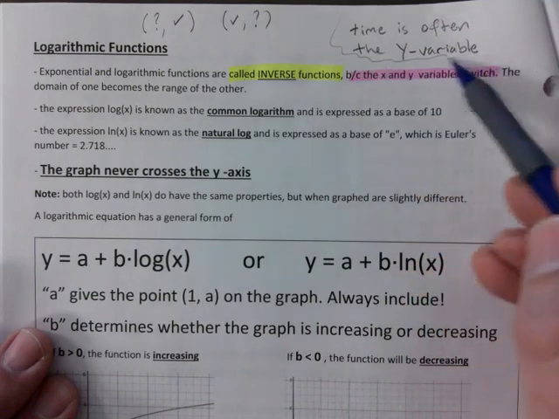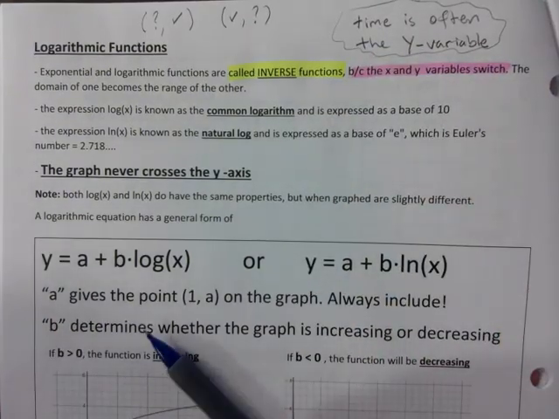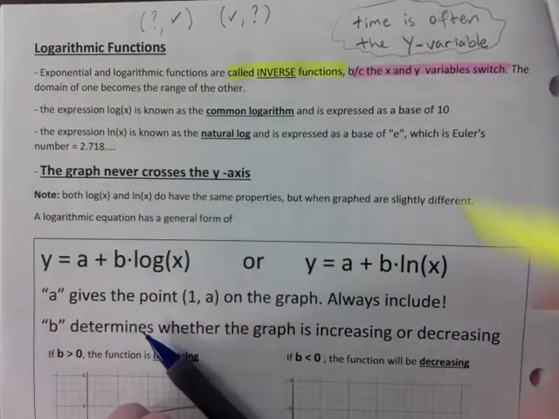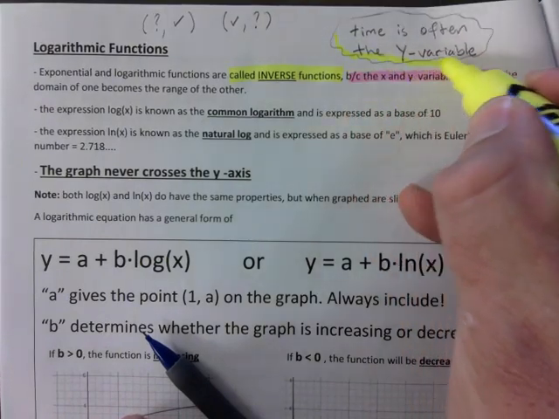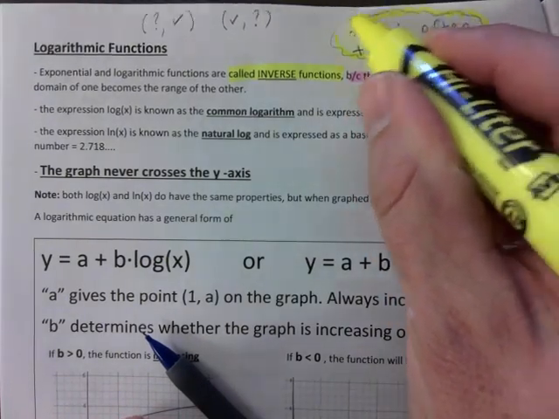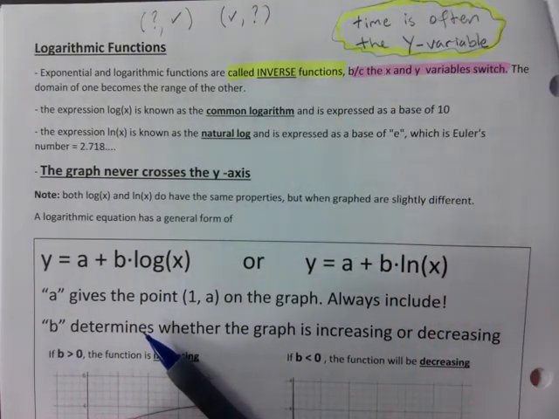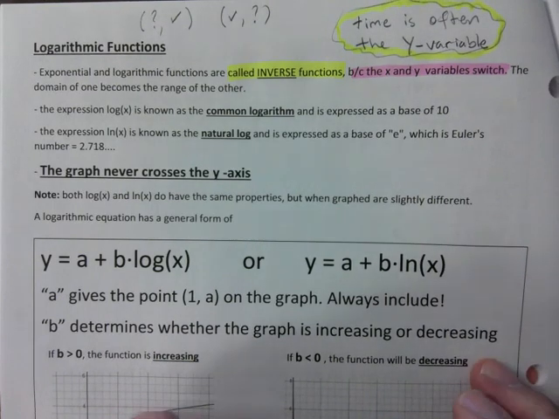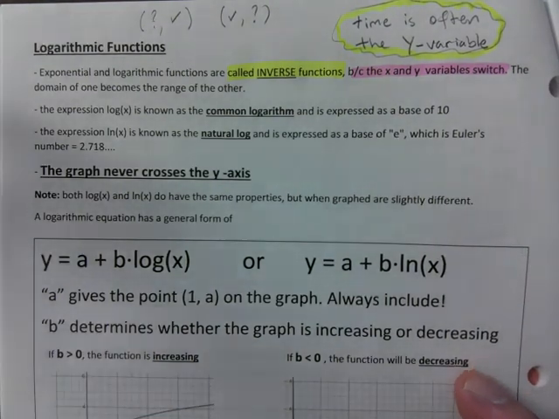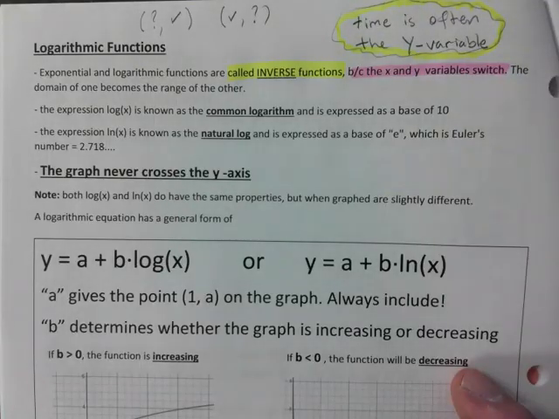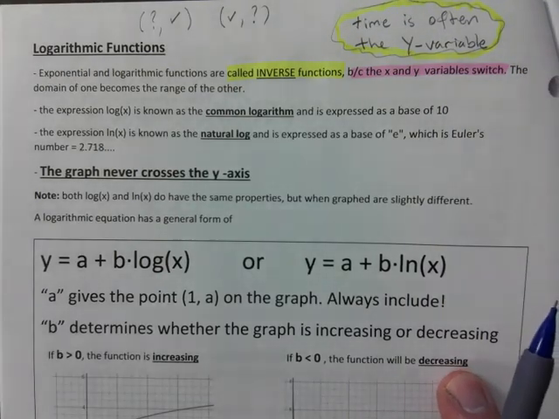But I will explain that a little later. But for now, let's just highlight that time is often the y variable. So don't be alarmed when you're doing logarithmics, and you have time on your y-axis. It throws a lot of students off. Don't worry about it. It's all right.